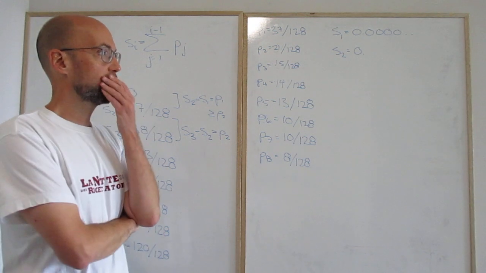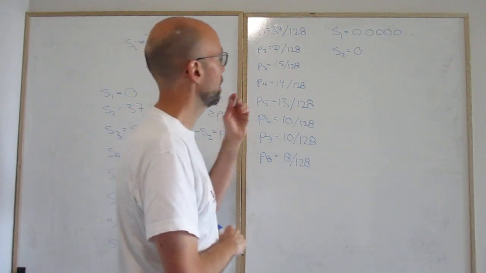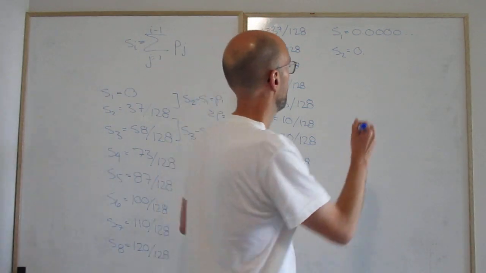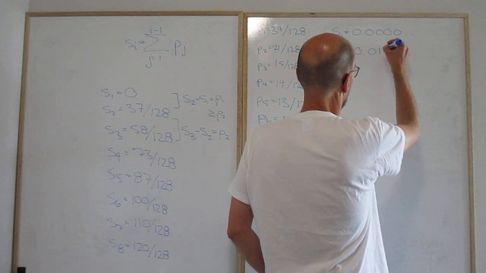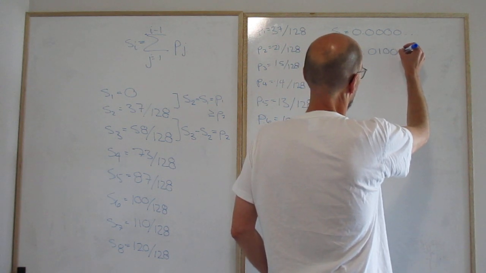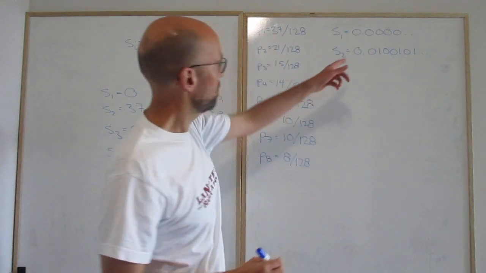So 37 is what? It's 32 plus 5. It's not 64, it is 32, it's not 16, it's not 8, it is 4, it's not 2, it is 1. Is that right?